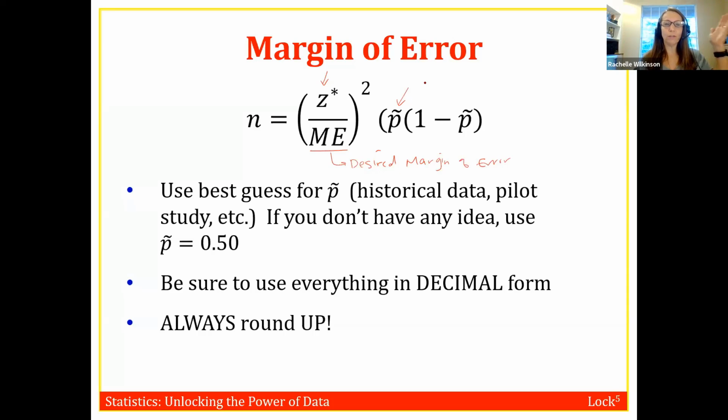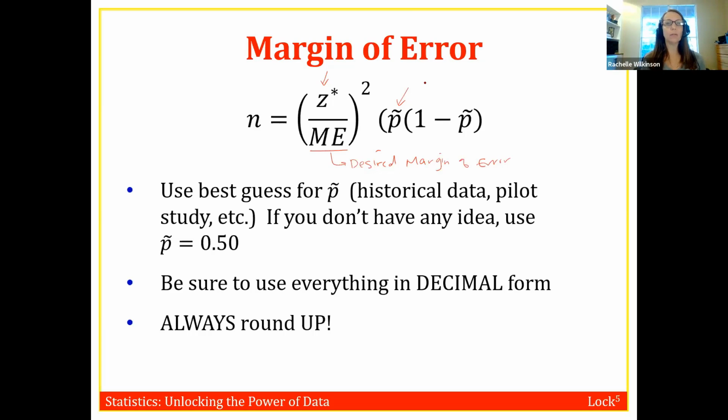If you're going from week to week, asking basically the same question, like who are you going to vote for in the upcoming election, then those values probably don't change a whole lot week to week. So you could use last week's number to help you figure out the sample size for this week. If you have some kind of prior knowledge or information, you can use that as your P tilde.